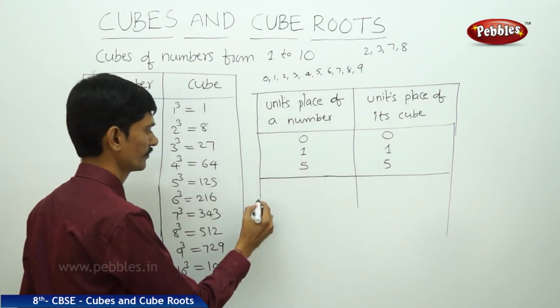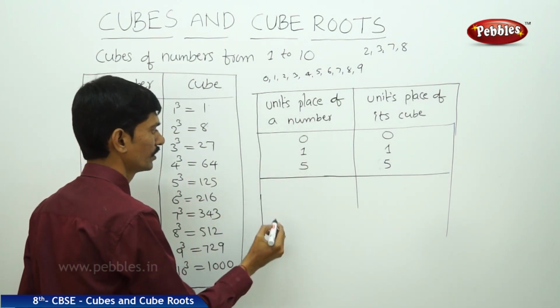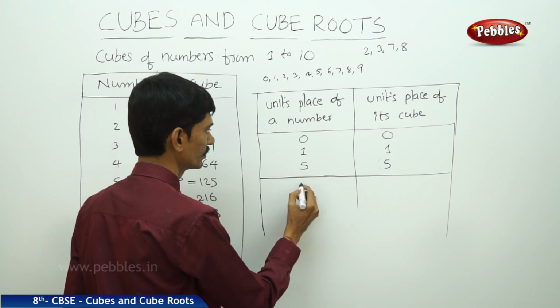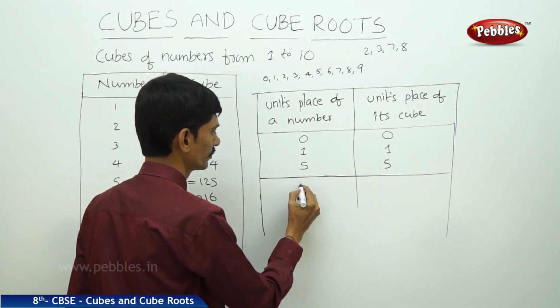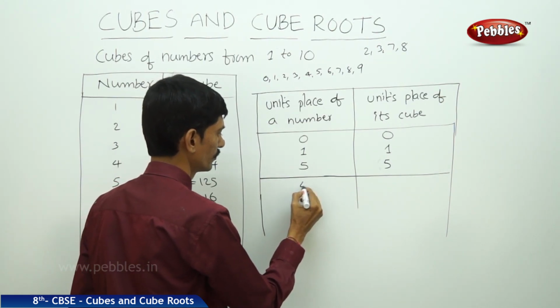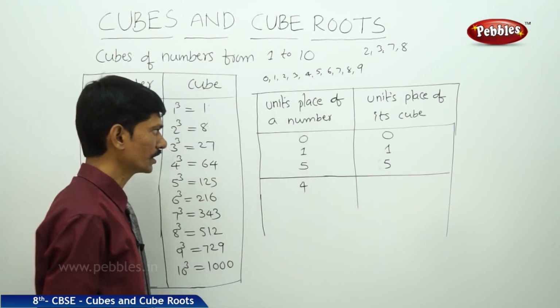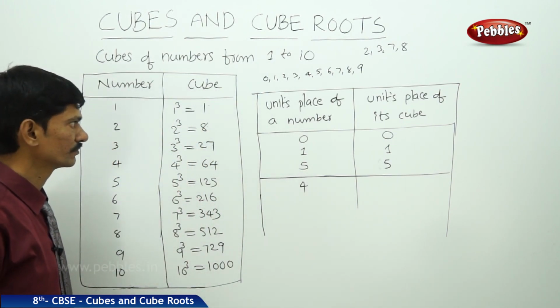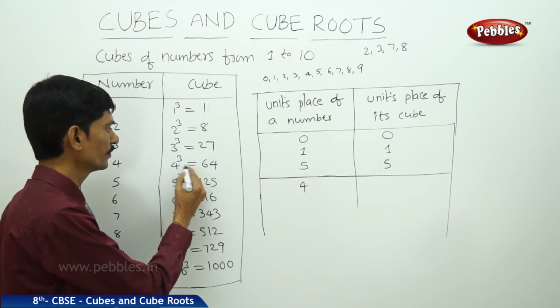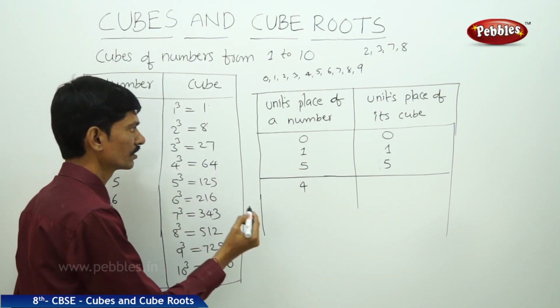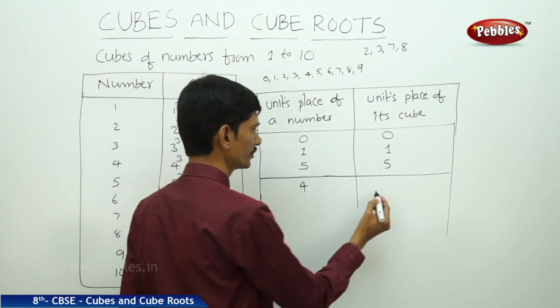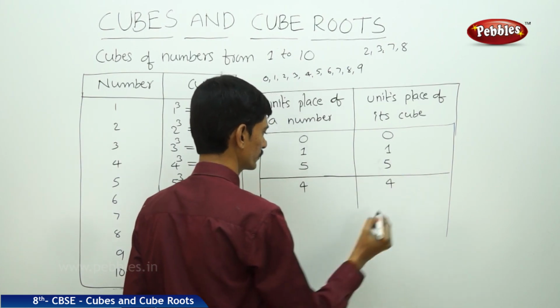Next, if the given number ends with 4, then what about the cube of the given number? 4 cube is 64, so the cube also ends with 4.